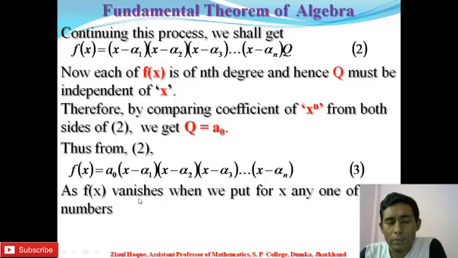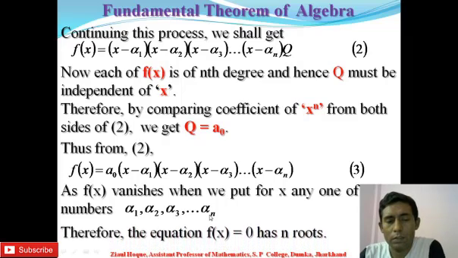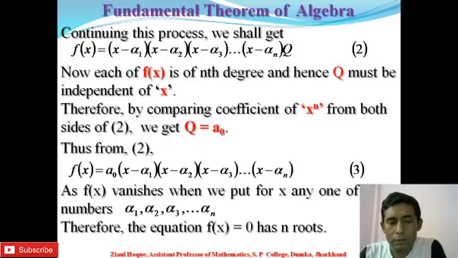As f(x) vanishes when we put for x any one of the n numbers alpha 1, alpha 2, alpha 3, up to alpha n, therefore the equation f(x) equal to 0 has n roots.